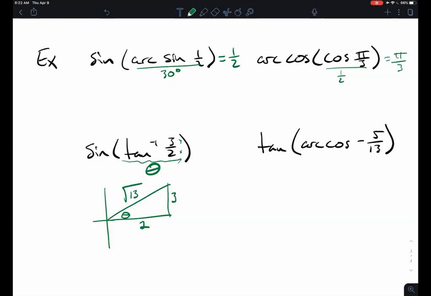Now think about the question. The question is sine of that same theta. The theta I don't know, but sine of that same angle. What's the sine relationship in that triangle? 3 root 13 over 13. Good.